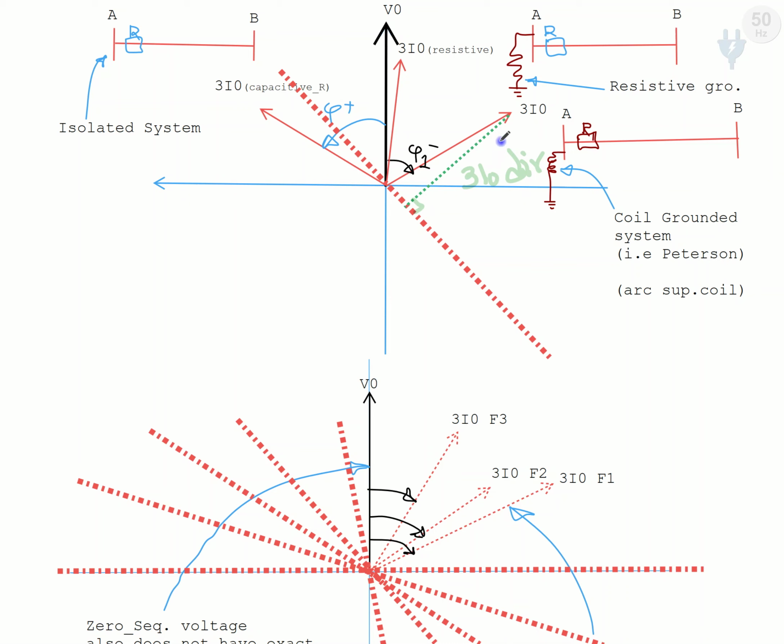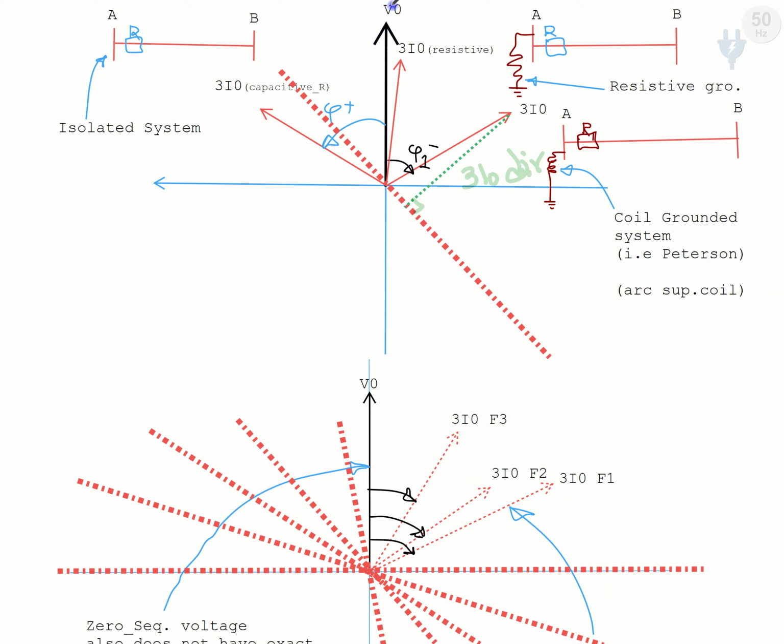In the previous session, we discussed that we cannot select the zero sequence current as a reference, or its axis as a symmetrical axis, so that we can determine which side the fault should be detected as a forward direction and which side as a reverse direction.